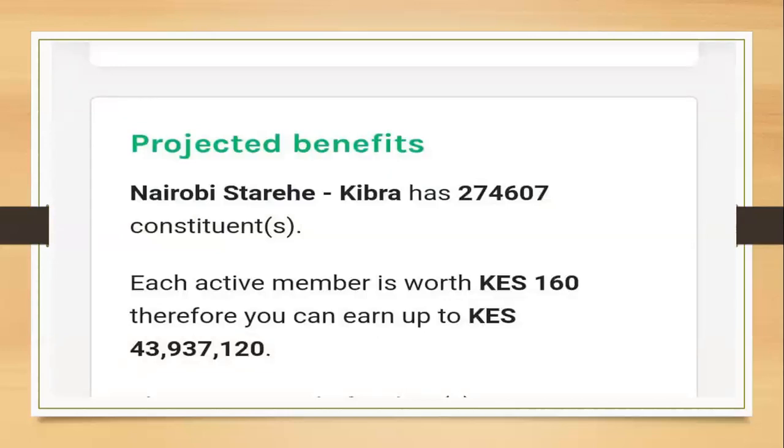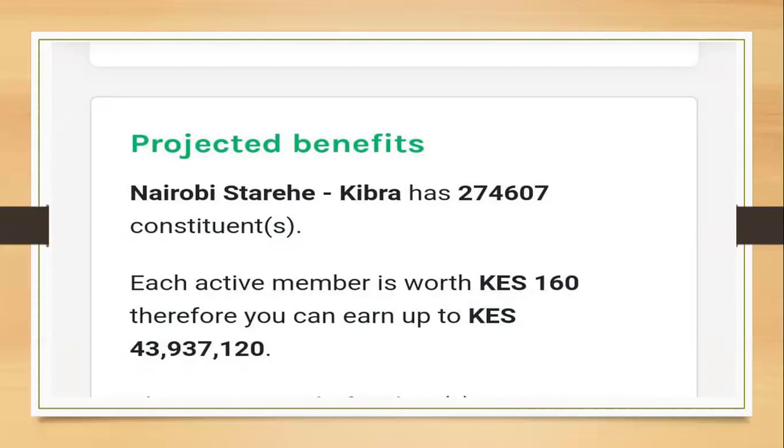Now, let's look, for example, at one of the smallest regions that we have, that is Nairobi Starehe Kibra, that has a total of 274,607 constituents or people. All right. So if each one of these people did activate, you're able to earn up to a total of 43.9 million Kenya shillings.